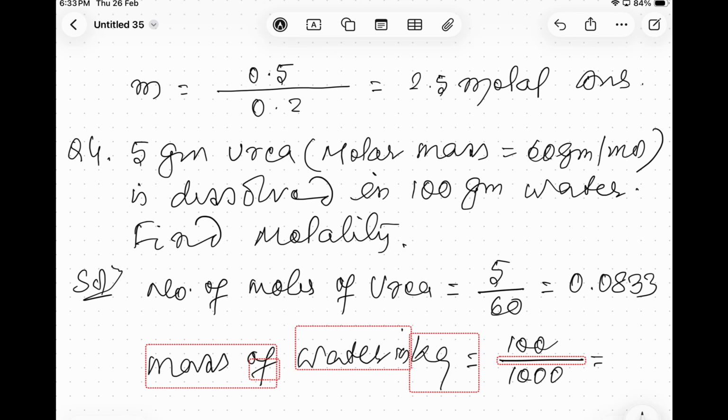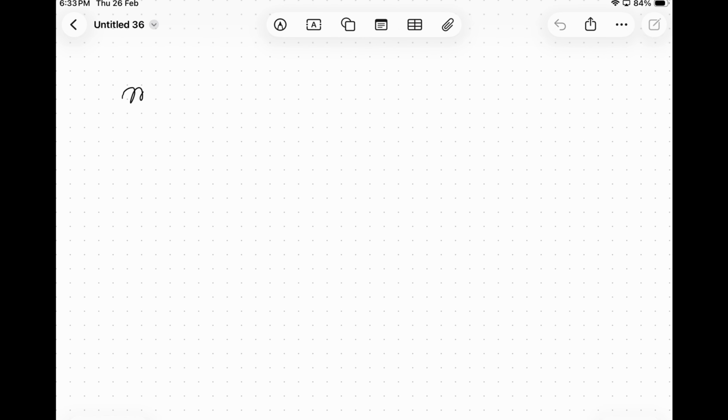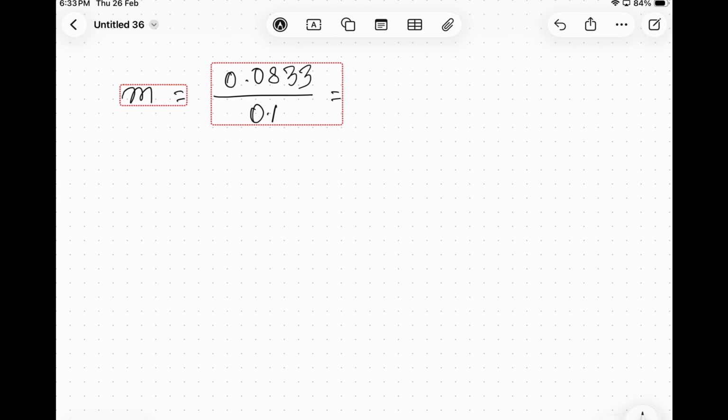So it should be 0.1. Now molality should be equal to 0.0833 divided by 0.1. Value should be equal to 0.833 molal.